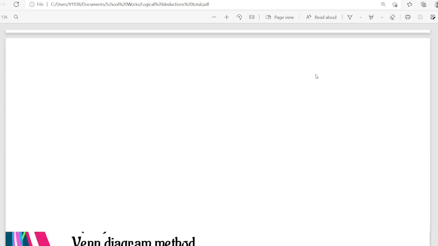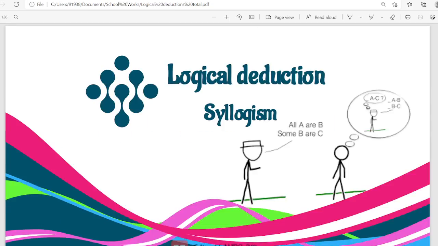I think I have opened the wrong PDF. Just a second, I will set the screen.